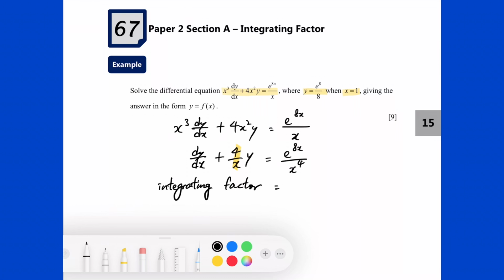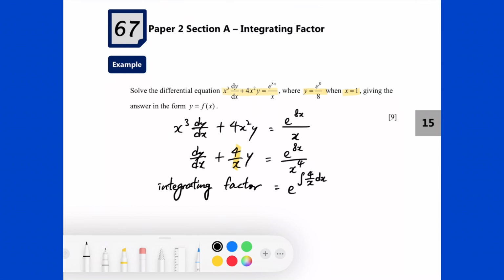Integrating factor is defined to be e to the power of a particular indefinite integral, where the expression in this integral is the coefficient of y in the above differential equation, which means this integrating factor would be defined as e to the power of the integral of 4 over x.